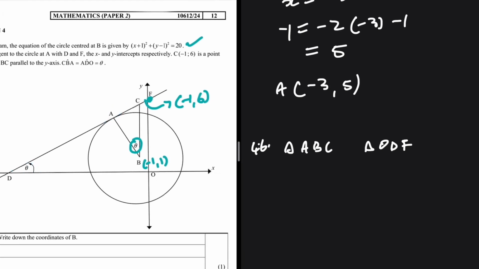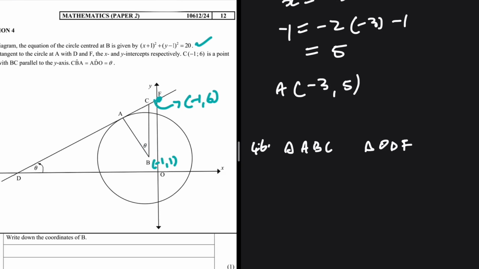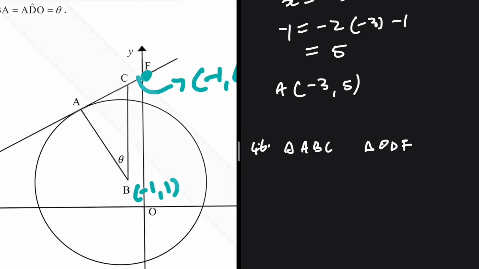I'm erasing all this junk. I'm only leaving the things that I want there. Not ADF. Oh, ODF, right? And ABC. Yeah, because ADF would be a line. So ABC, let me highlight that triangle. It seems like it should be quite easy to find the area of ABC.